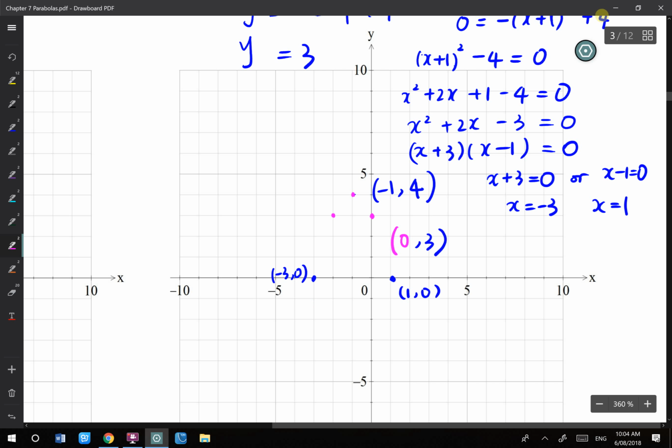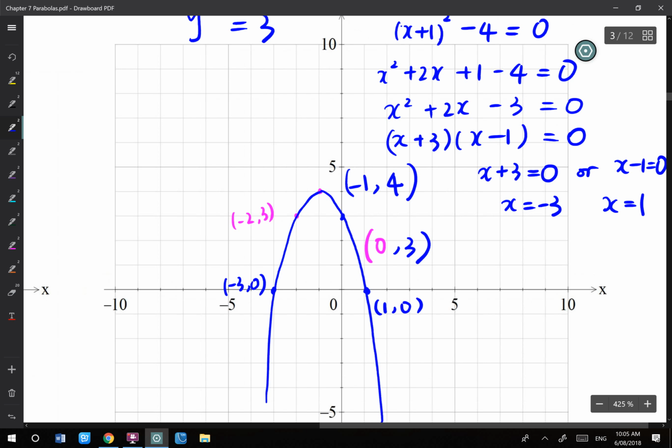That's why I can't sketch it. 0, 1, that will be better. That's much better. Okay, that's a good graph.